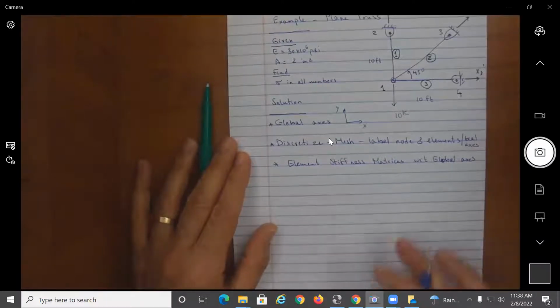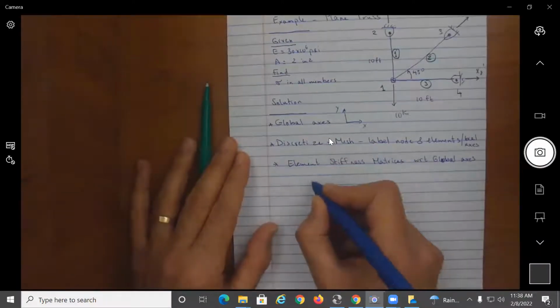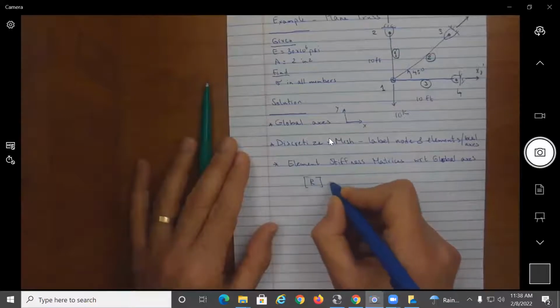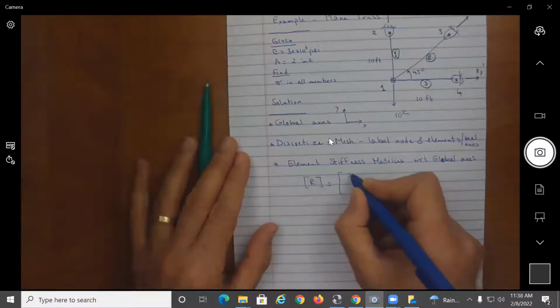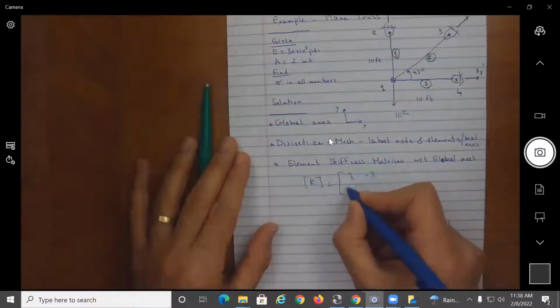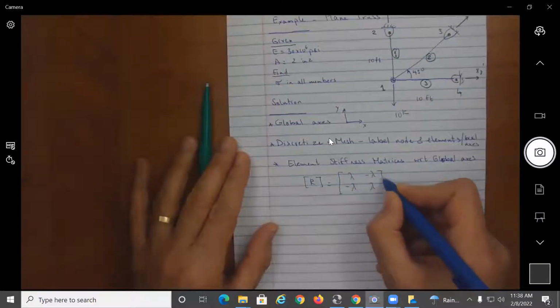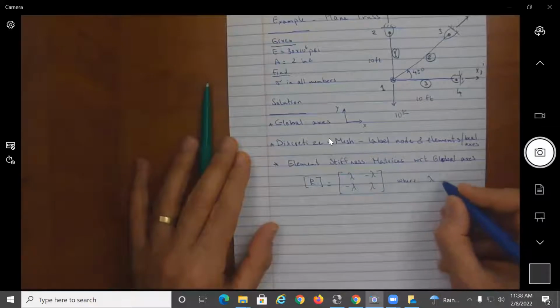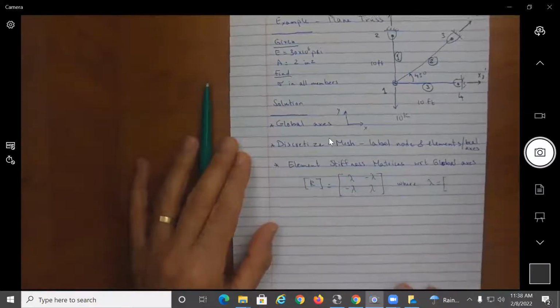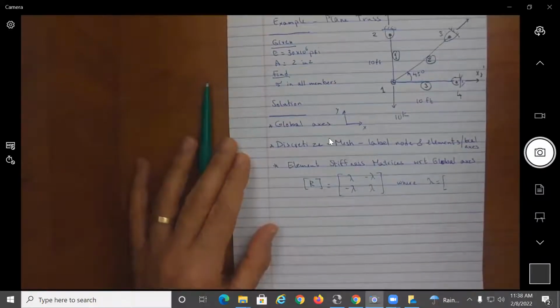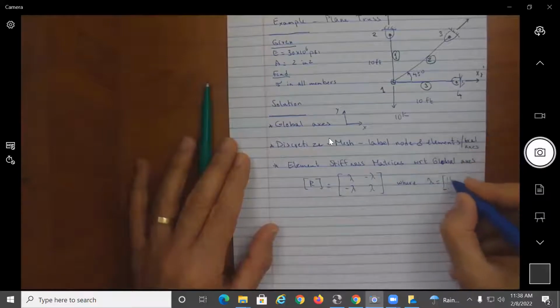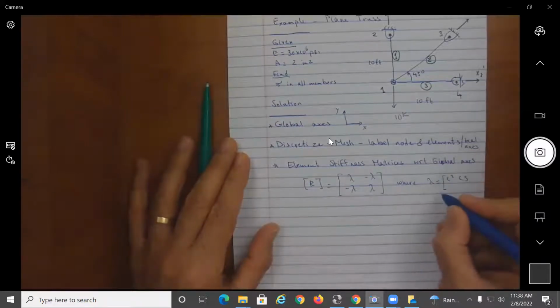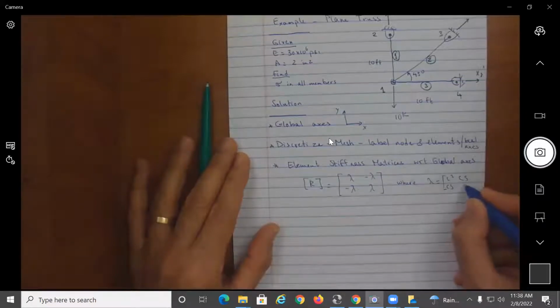Okay. Now each of these matrices, K, is going to be equal to this lambda, minus lambda, minus lambda, and lambda, where lambda is equal to, as we started today, C squared, CS, CS, and S squared.